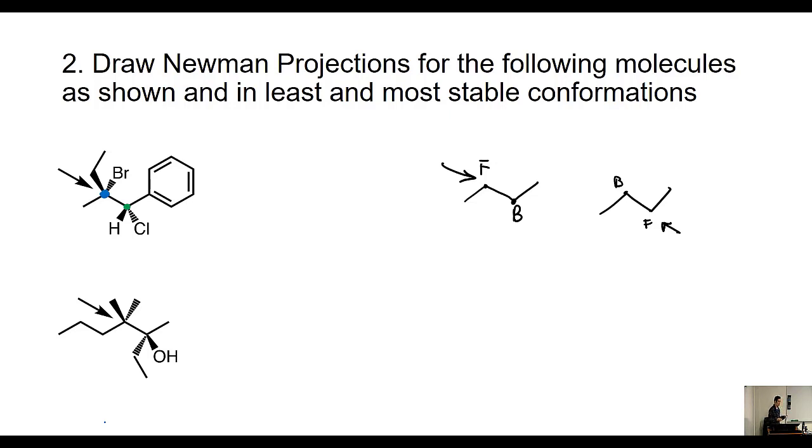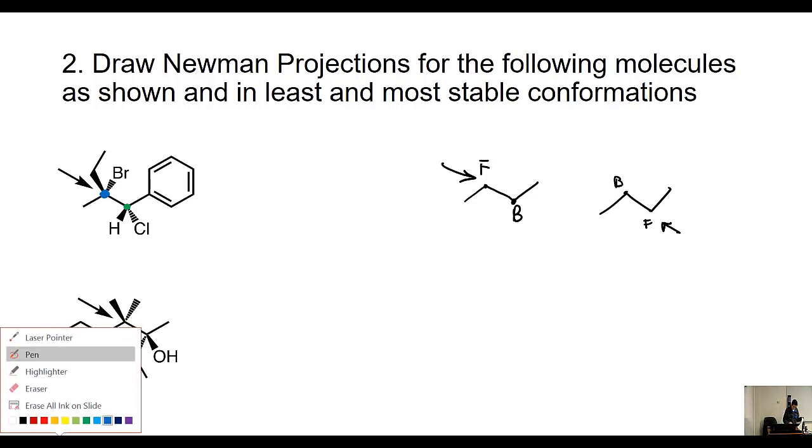So if we look at this, we have a plane, right? Remember how we talked about when it's a straight up line, it's going to be in the plane, and when I have dashes and wedges, it's in and out of the plane. So when I have something in the plane, in Newman projection, let me just draw a generic Newman projection.